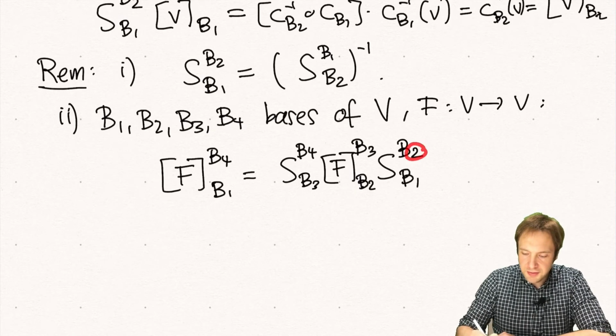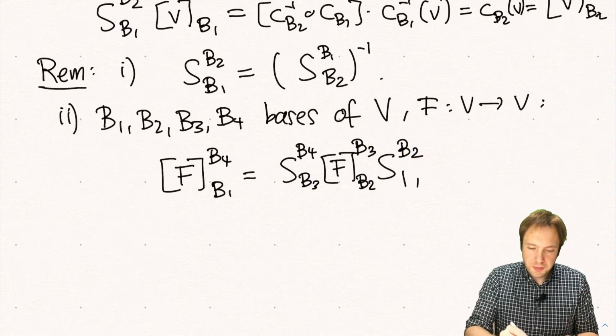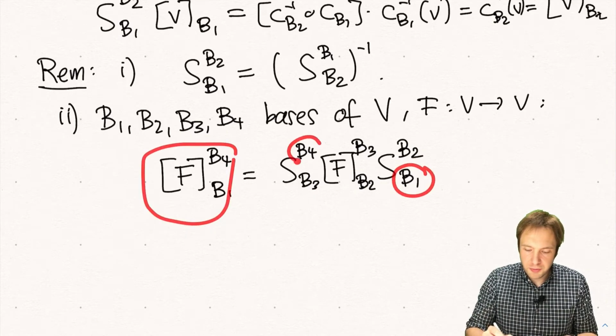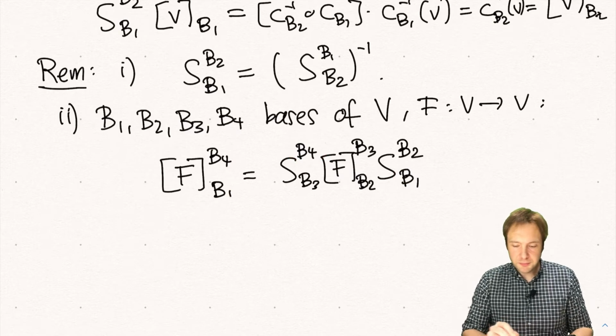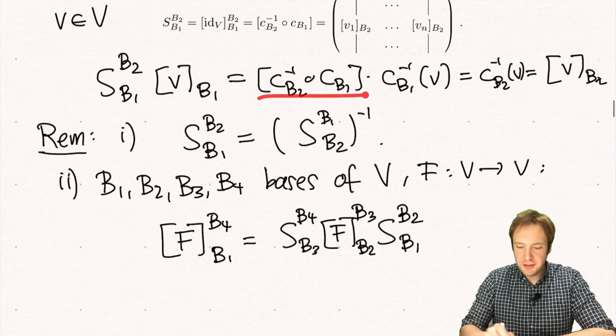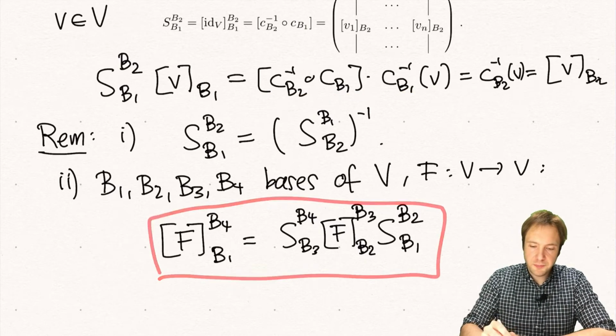So you always see that here I have the same. And then in the end, I get the matrix of F from B1 to B4. And this follows immediately from the definition. If you write these things out, you will see that you get exactly this statement here.